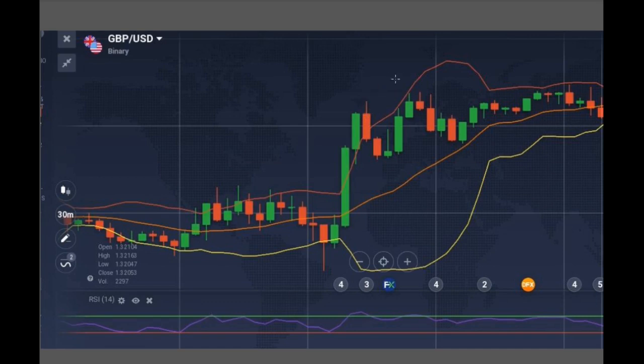It's telling me that very soon the bulls will no longer be in charge. The bears are fighting to take charge, to take control. So the next thing you are looking for is for price to cross above this resistance level, and you want the price to tag along the Bollinger Band.